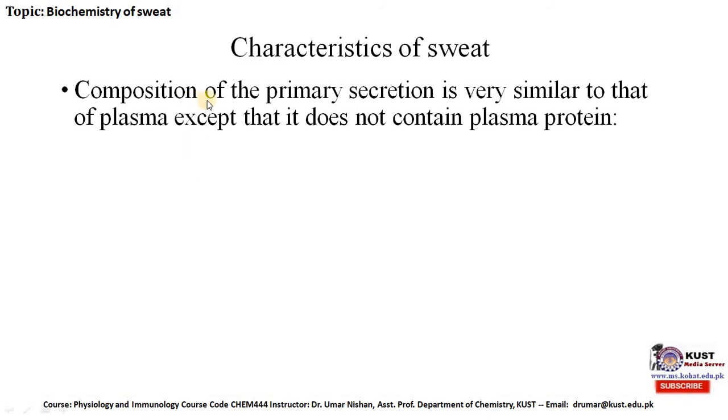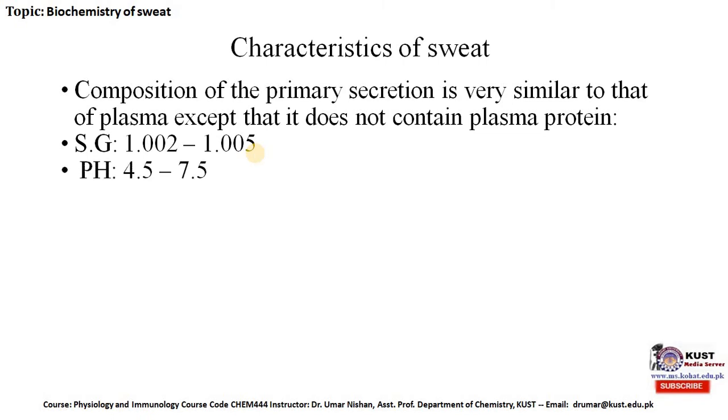Now we talk about the composition of the primary secretion. It is very similar to that of plasma, except that it does not contain plasma protein. The specific gravity of sweat ranges from 1.002 to 1.005.